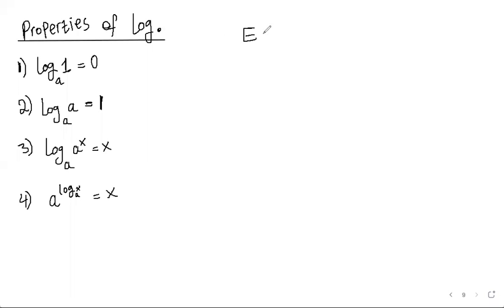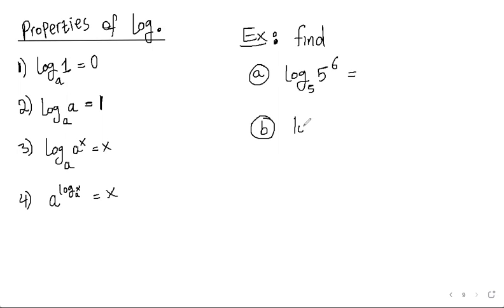Example: by using these properties, find a, logarithm of 5 to the 6 with base 5; b, logarithm of 6 to the base 6; c, logarithm of 1 to the base 7.